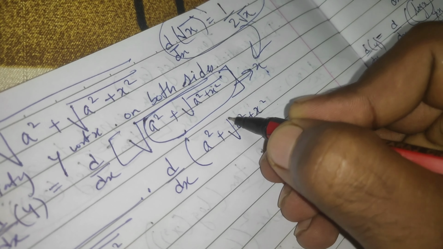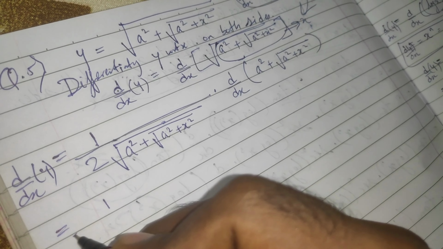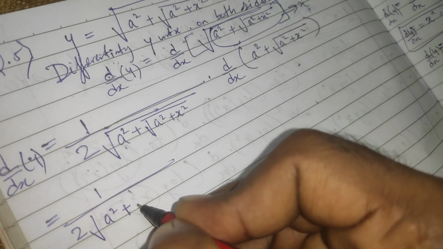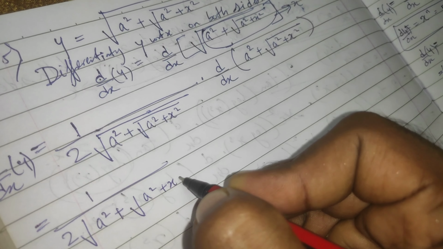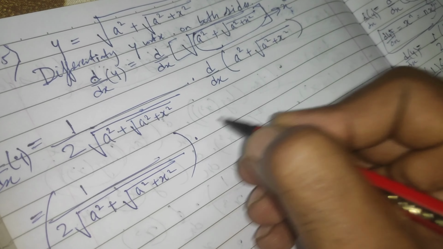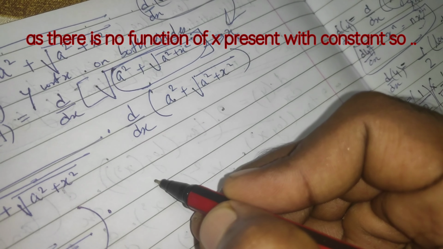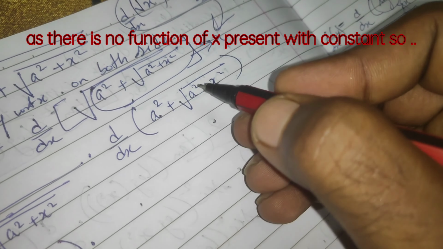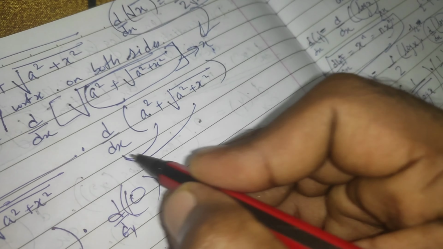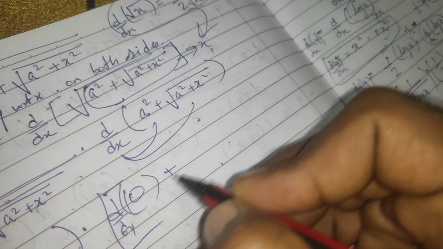So in the next step we are going to differentiate this, equal to 1 upon 2 root a square plus under root of a square plus x square, this whole term into, so derivative goes for both sides, a square which is constant, so derivative of constant is 0, plus derivative goes to there also, the bracket is important.